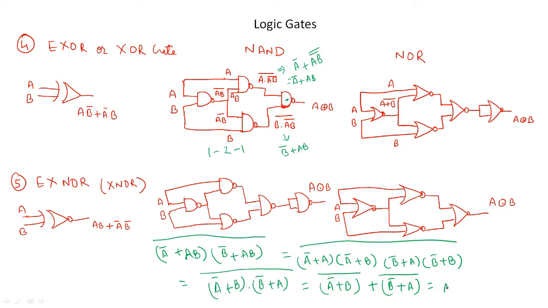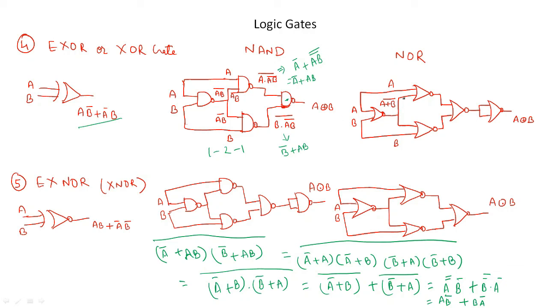So it will be equal to X bar, Y bar. So you can write it as A bar B bar plus B bar into A bar. So it becomes A B bar plus B A bar. Now you can see that it is having the same output as the exclusive OR gate.